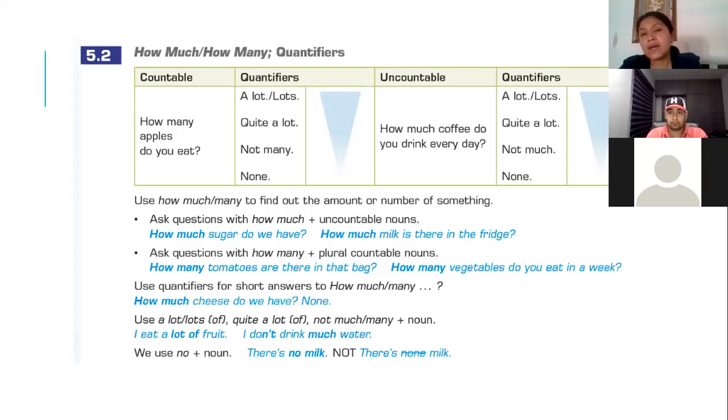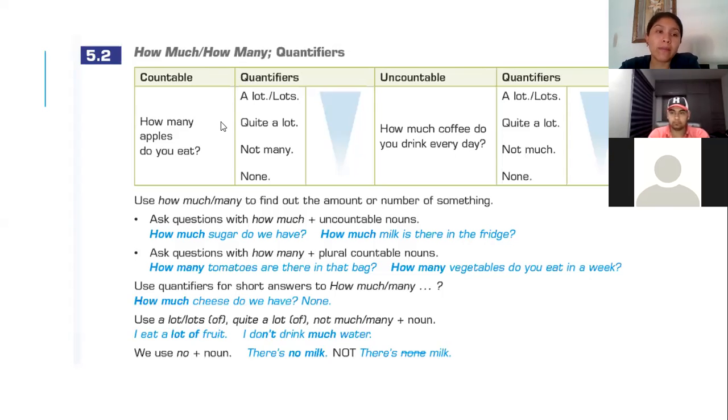Instead of how much. But since we know that if we talk about coffee, we're talking about the liquid, that's why we use how much instead of how many. But you can ask how many, but you will have to be talking about the presentation or the container, right?